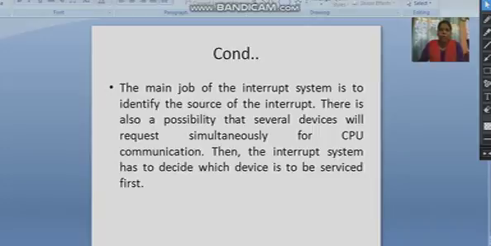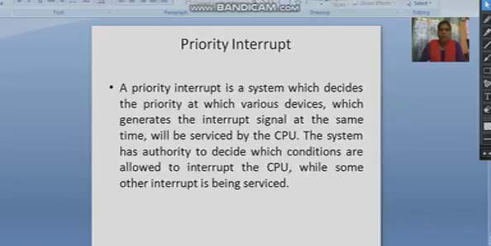There is also a possibility that several devices will request simultaneously for CPU communication. In this case, it has to service the interrupts. Then the interrupt system has to decide which device is to be serviced first. So here the picture of priority interrupt comes.